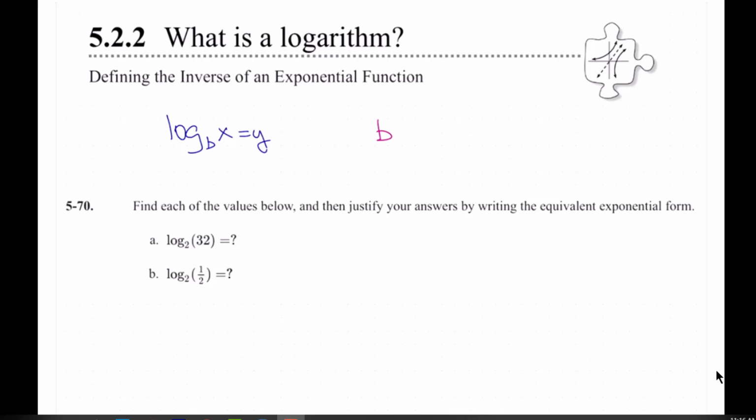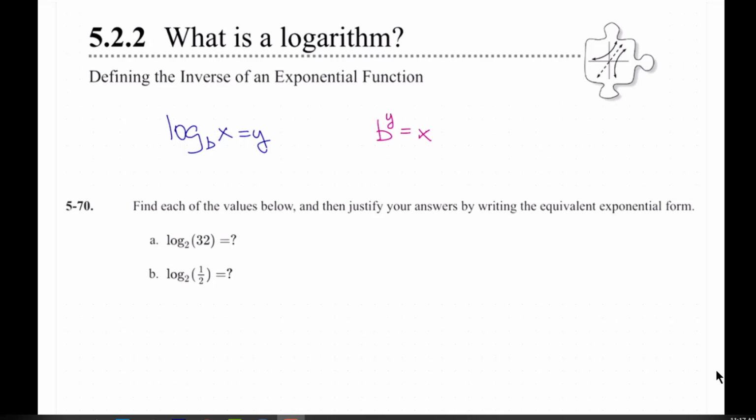Our exponent would be the y, and that equals our x.